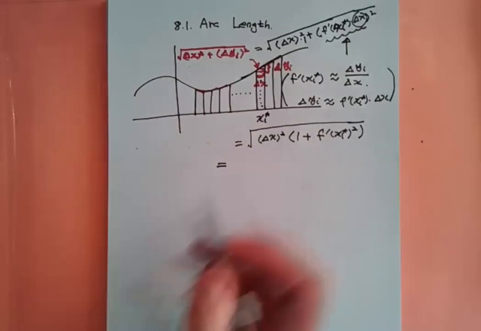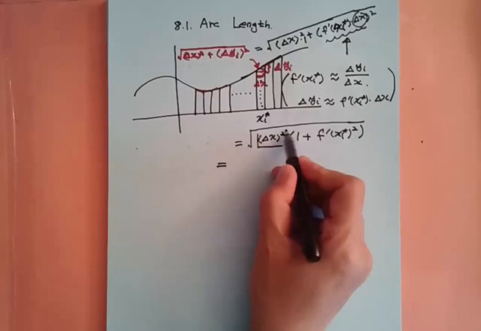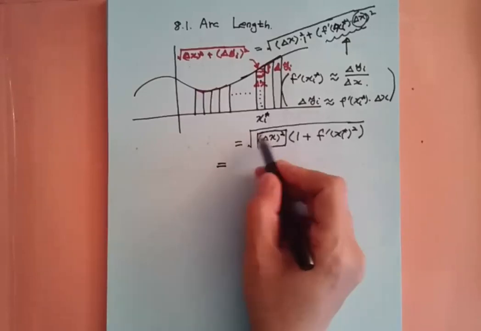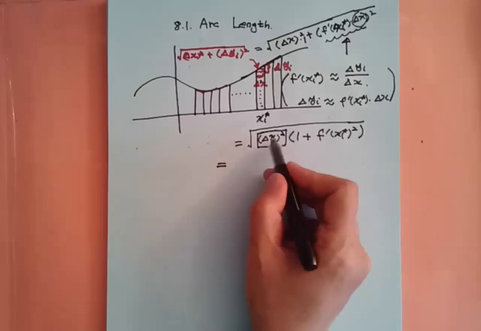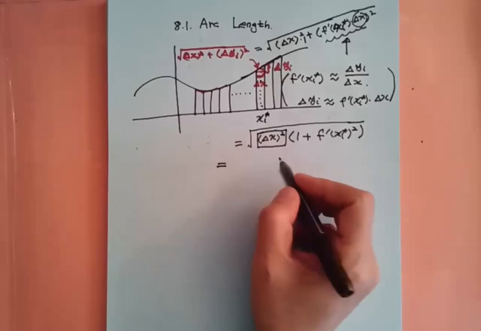So what we are getting is something squared. So when we take the square root, that becomes delta x.